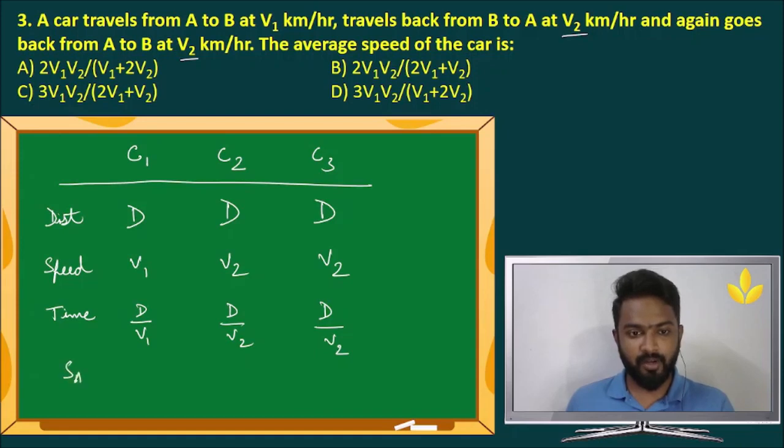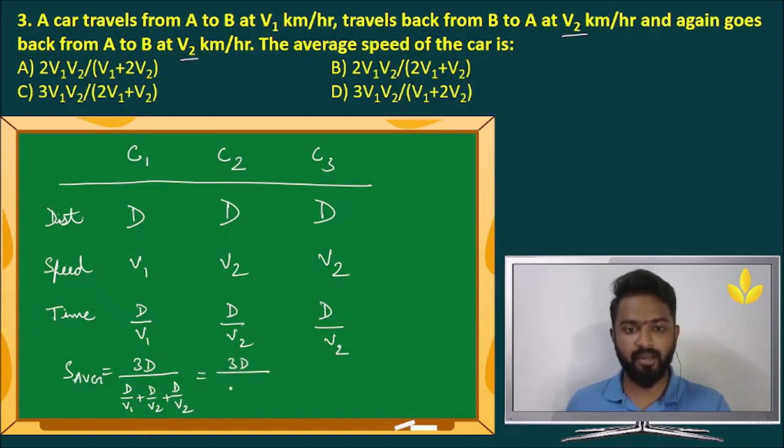What is the total distance? D plus D plus D, that is 3D, divided by total time, d by V1 plus d by V2 plus d by V2. This is equal to 3d divided by d by V1 plus 2d by V2.